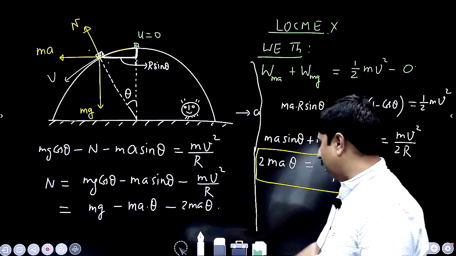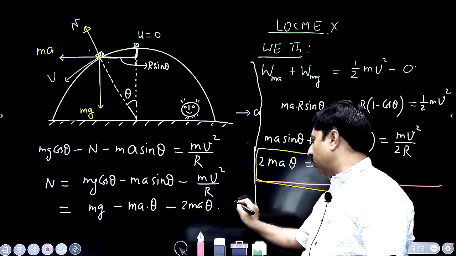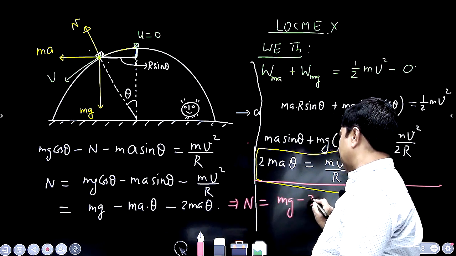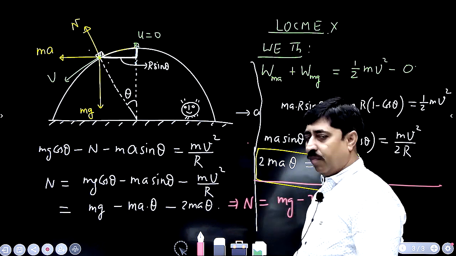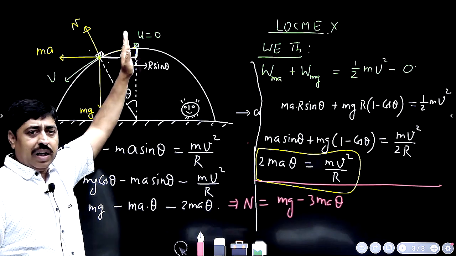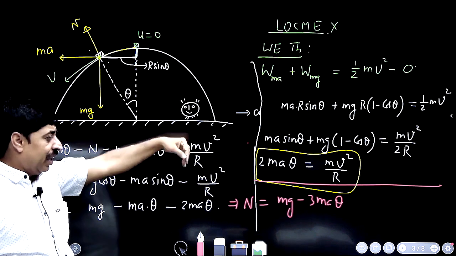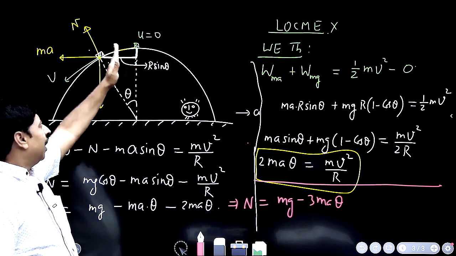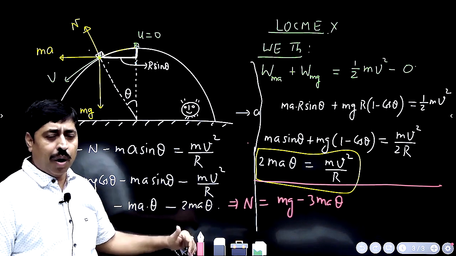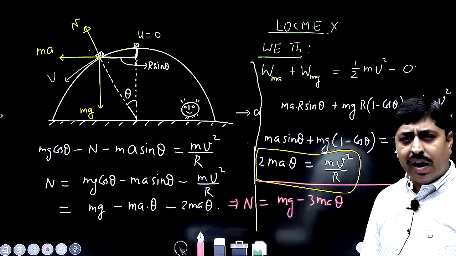So, this means that normal reaction force is equal to mg minus 3 ma theta, and what do we want? We want that the block should not lose contact by the time angle theta is 1 degree. So, by the time theta is 1 degree, normal reaction should not become 0.